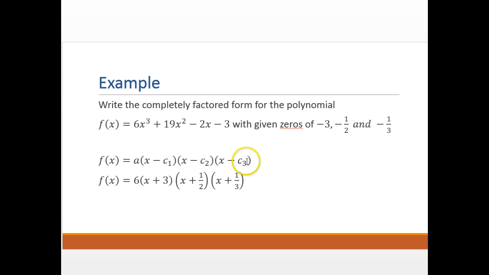I do not have to go any further because I know that at most there are 3 real zeros. Again, my leading coefficient in the original function was 6, so the leading coefficient on the factored form is 6, so this is 6 times x plus 3 times x plus 1/2 times x plus 1/3, and that is the completely factored form.